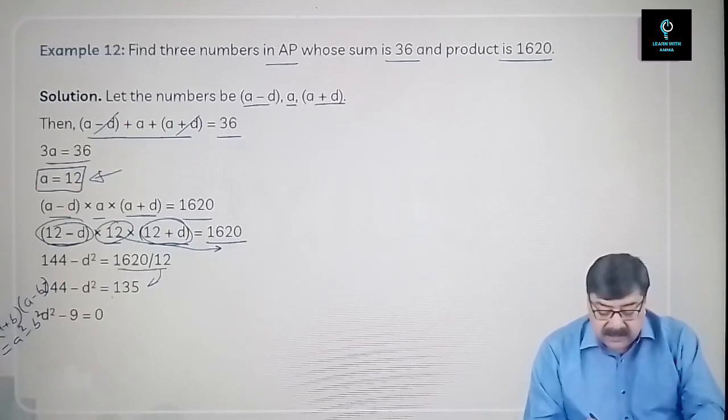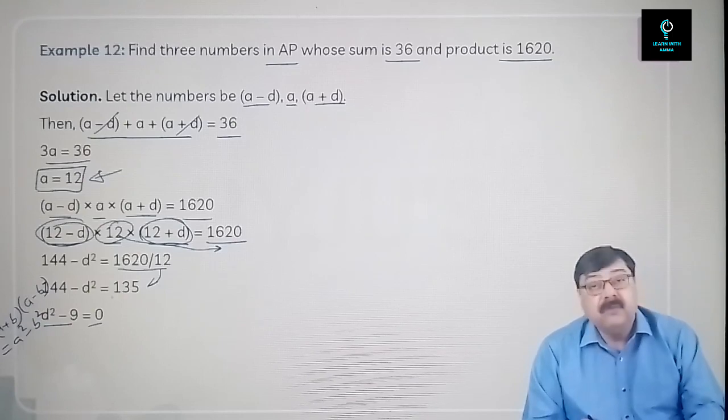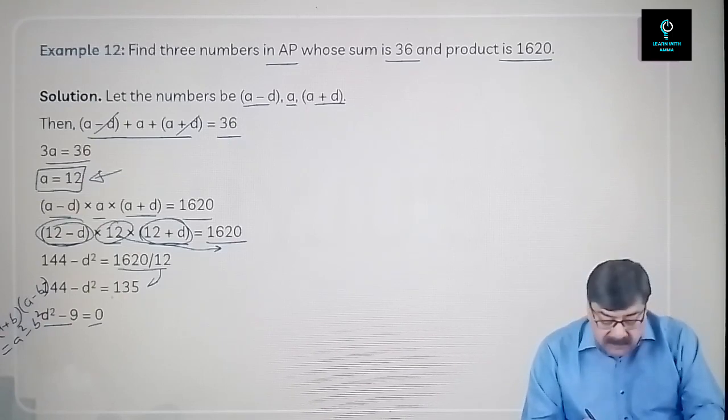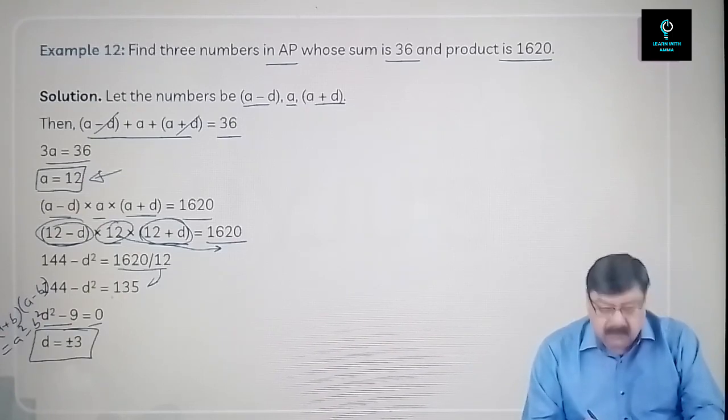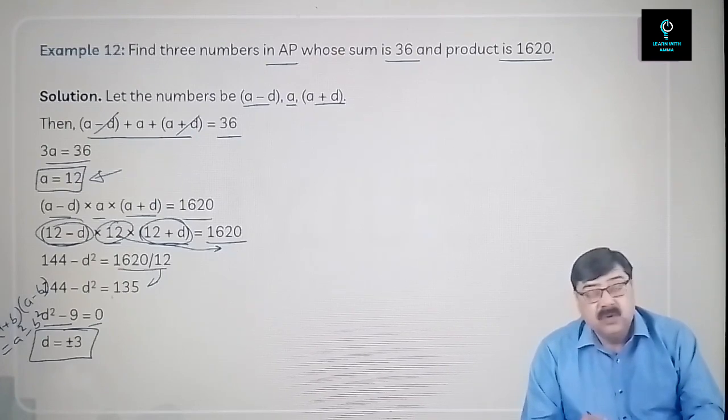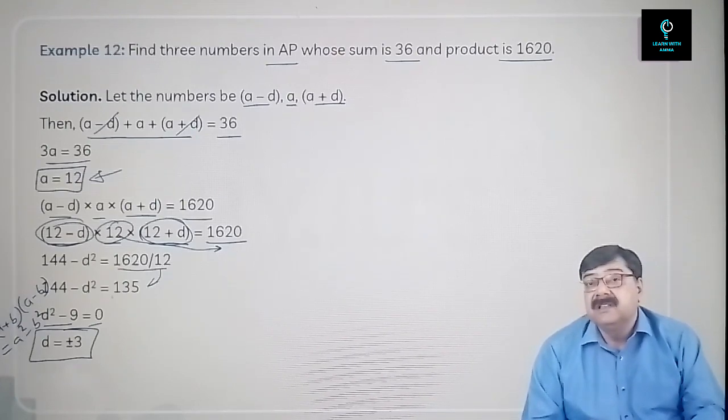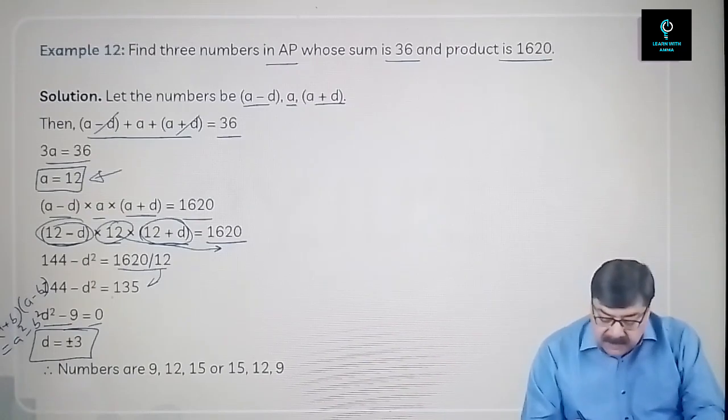We get an equation that is d square minus 9 equals 0, because 144 minus 135 is 9. So the value of d here is plus or minus 3. So either the common difference is positive 3 or a negative 3. But either way, the numbers are going to be 9, 12, 15 or 15, 12, 9.